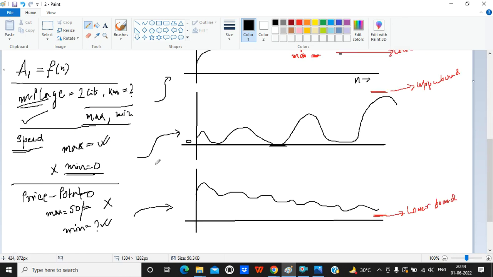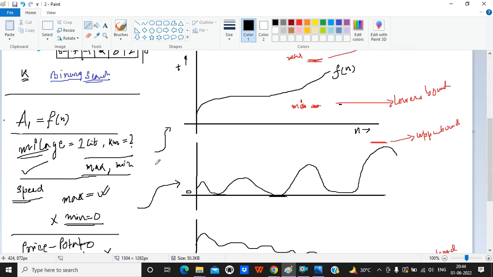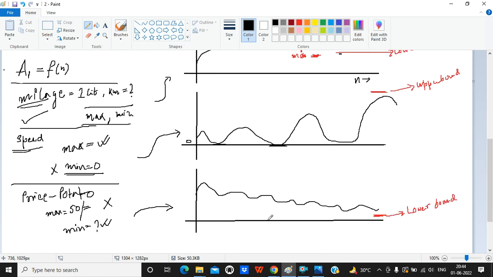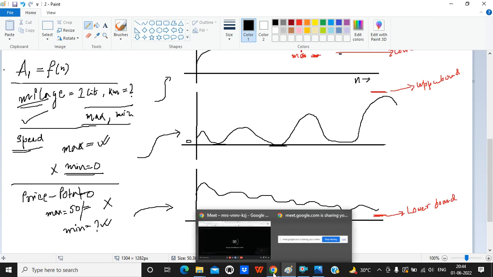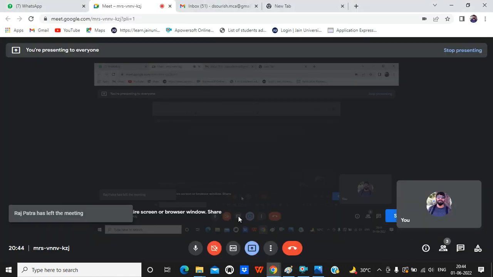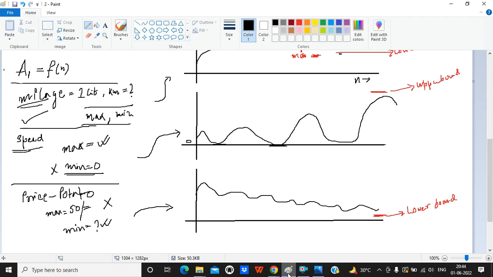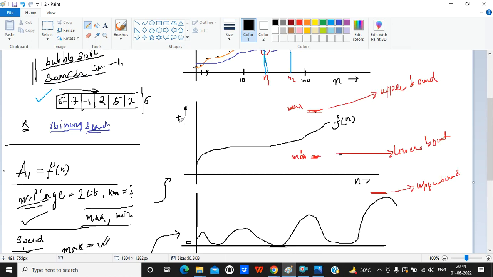Now tell me, among these three items, which one is most common and which one is very less common? Can you identify? Upper bound can be common.